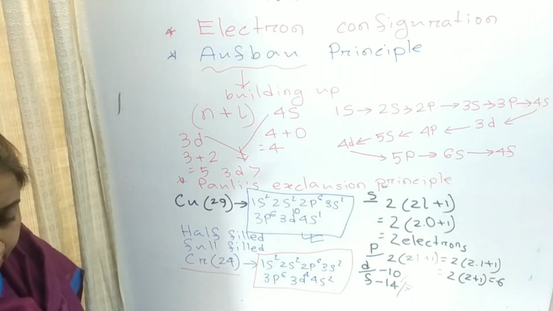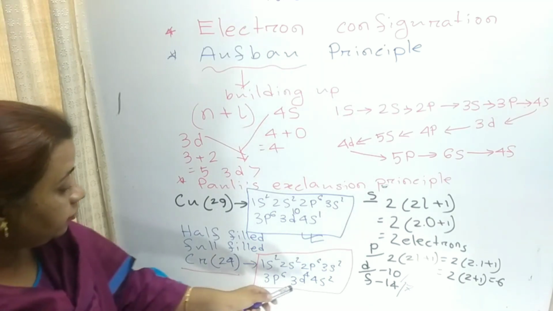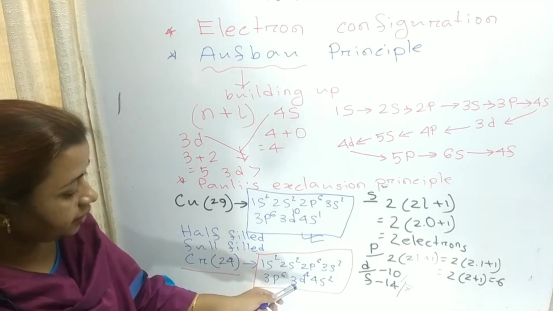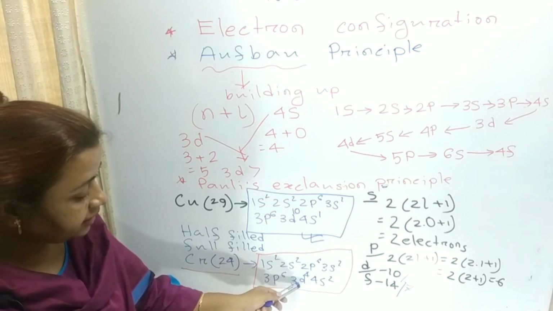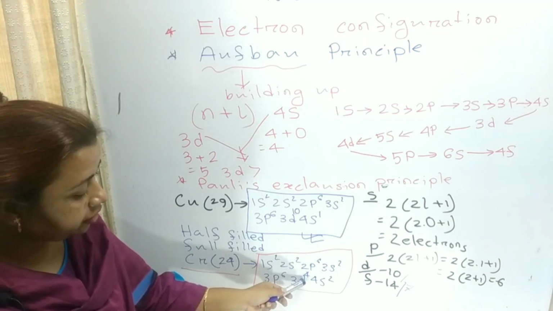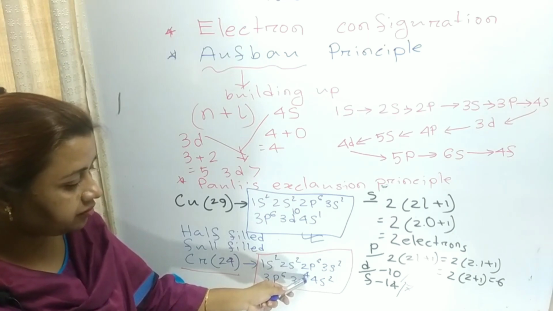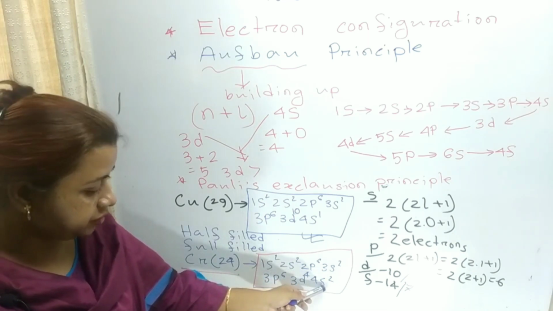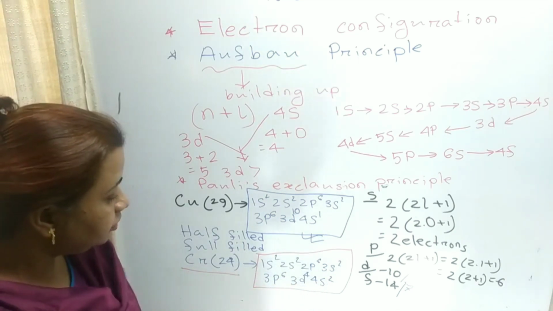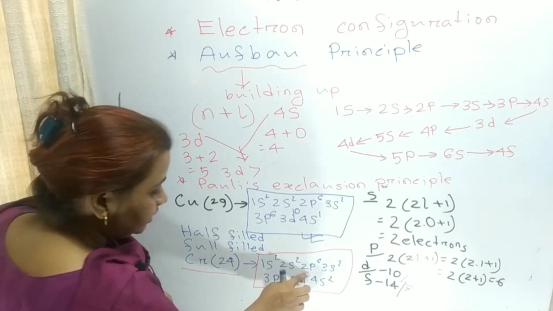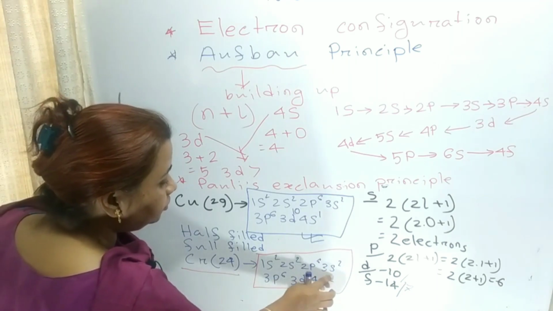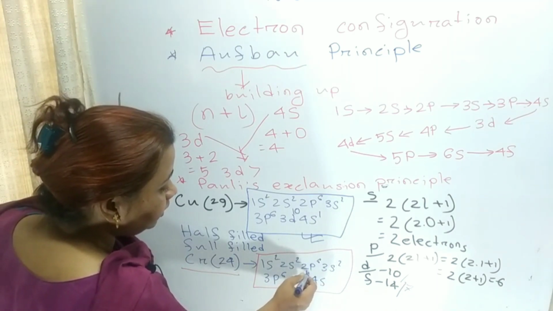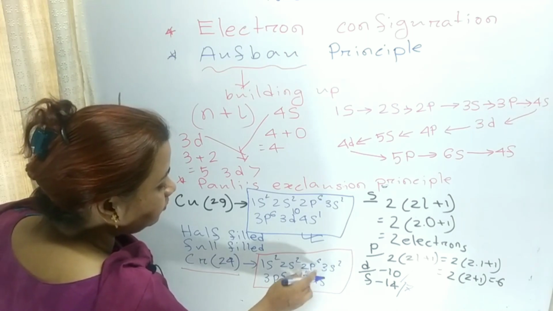But you see, here are 4 electrons in the 3d orbital. Whenever you find that in the d orbital there are 4 or 9 electrons, at that time the tendency is to take 1 electron from the 4s orbital. From this intention, 3d will take 1 electron from 4s and will have 5 electrons.